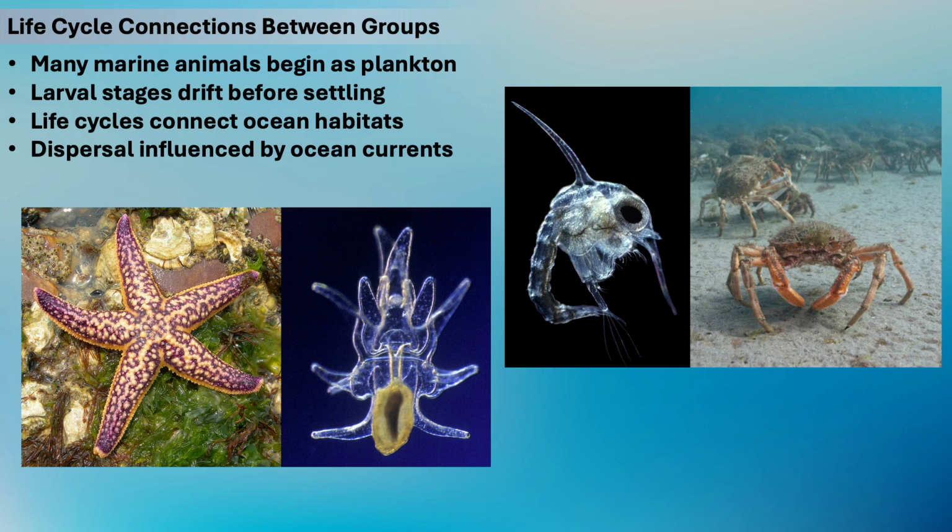As a result, processes that affect plankton, such as ocean circulation, temperature changes, or nutrient availability, can have cascading effects on the distribution and survival of many other marine organisms. Understanding these connections will become increasingly important as we move forward in this unit, particularly when we begin examining plankton dynamics and food webs.